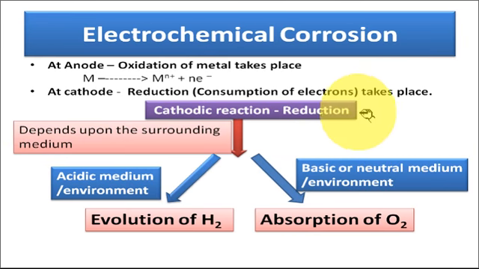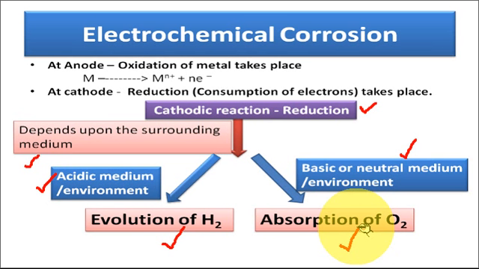So the cathodic reaction depends upon the surrounding medium. In case the metal is present in an acidic environment, then the cathodic reaction is the evolution of hydrogen, while if the metal is present in a basic or neutral medium, then the cathodic reaction is the absorption of oxygen.